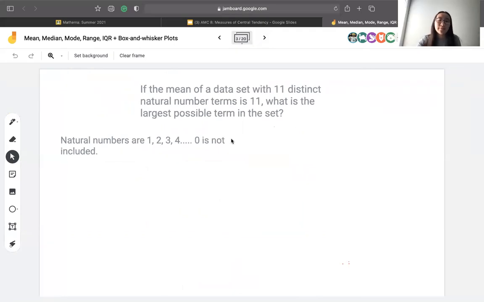So the mean of a data set with 11 distinct natural number terms is 11. What is the largest possible term in the set? So we went over a similar problem in the Kahoot.